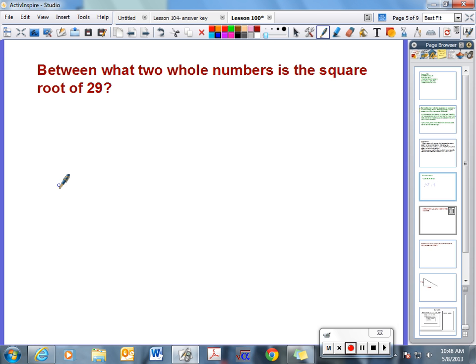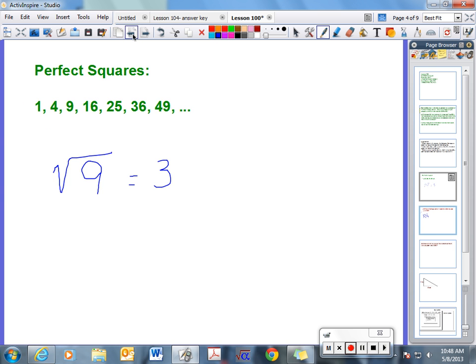All right, let's take a look at this one. Between what two whole numbers is the square root of 29? All right, so I'm going to write out here the square root of 29. Now, we know that there is not a whole number that you can multiply by itself and get 29. But we can look at some of these perfect squares that we had on the previous screen and see which one would be closest to 29.